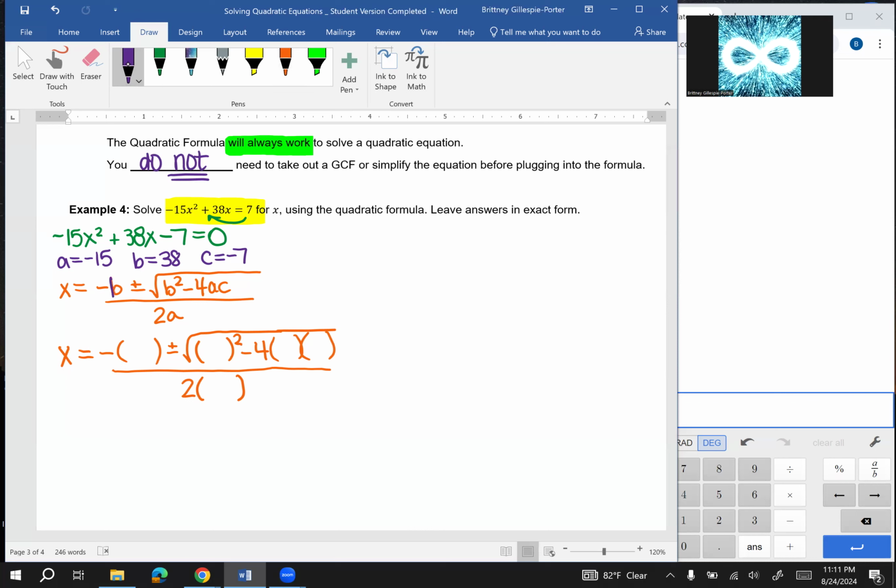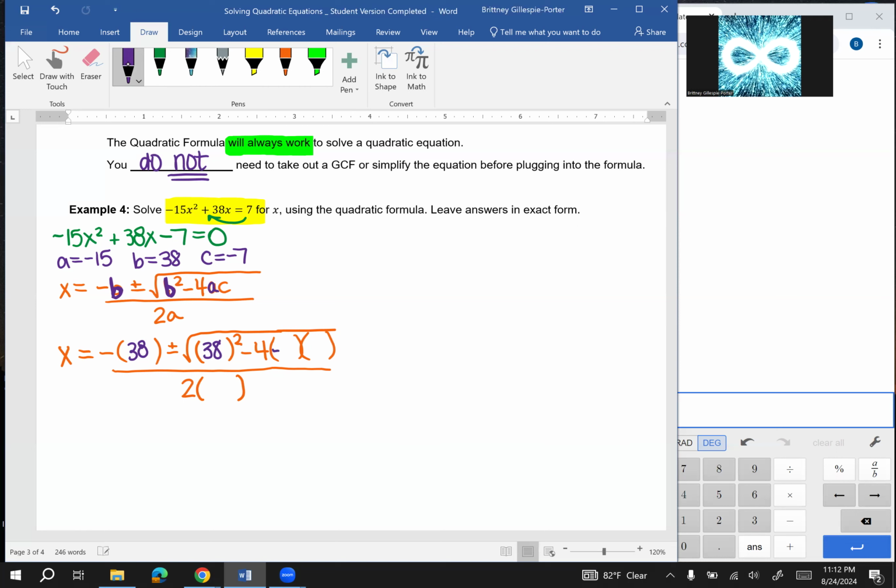It says the opposite of b, or the negative of b. Well, we said b was 38. Then we have plus or minus another b, which was 38, squared. The -4 was already there, but the next thing we saw was a.